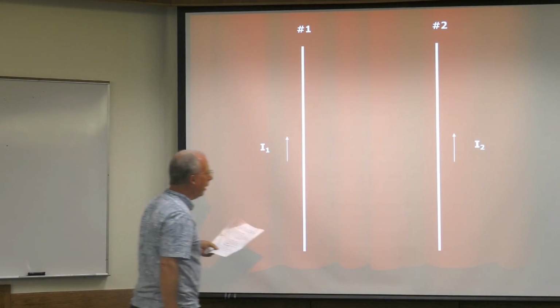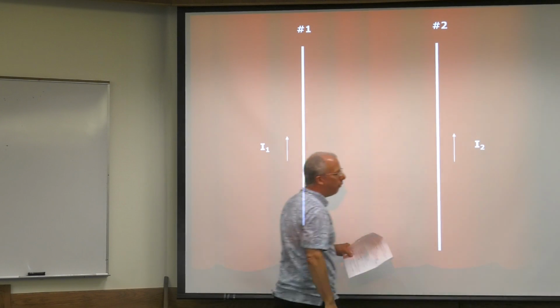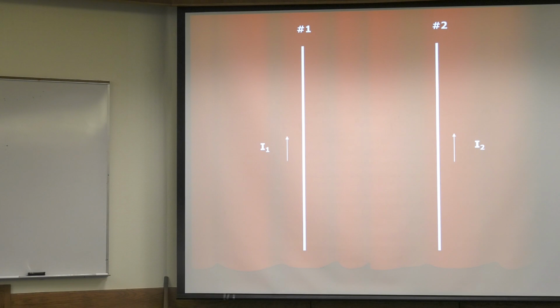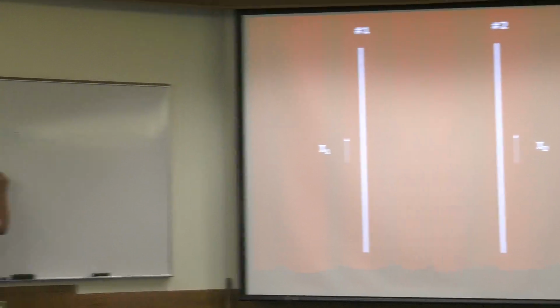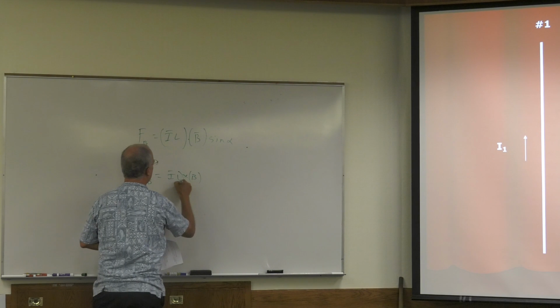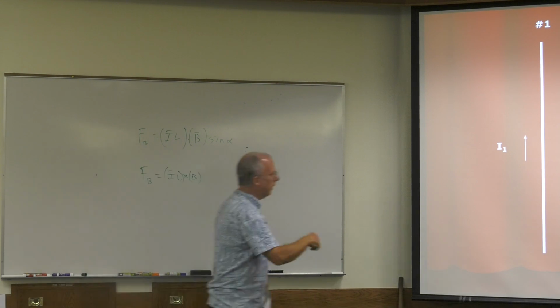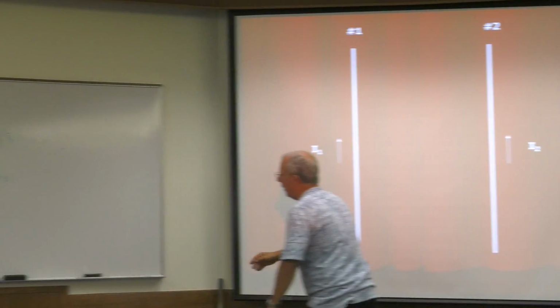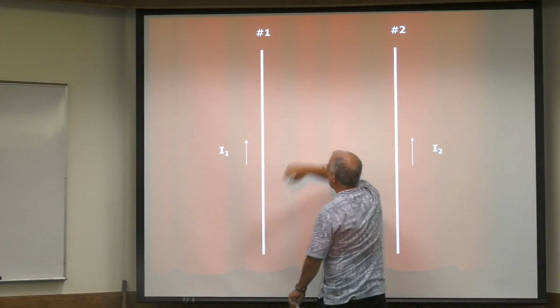Now, therefore, is this guy going to feel a force? Well, of course it is. We just learned that equation. F_B equals I L B sine alpha, right? Or in direction, F_B equals IL cross B. Look, this guy produces a magnetic field in this direction, and this guy has a current.